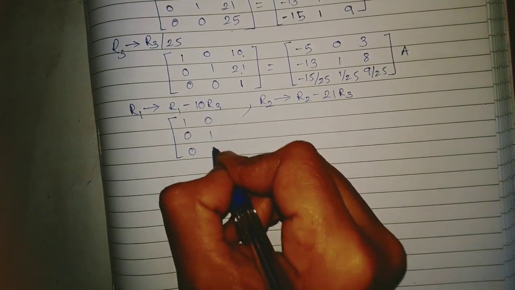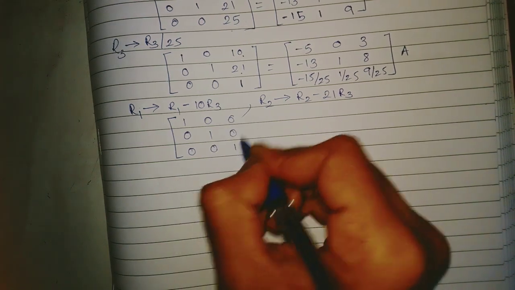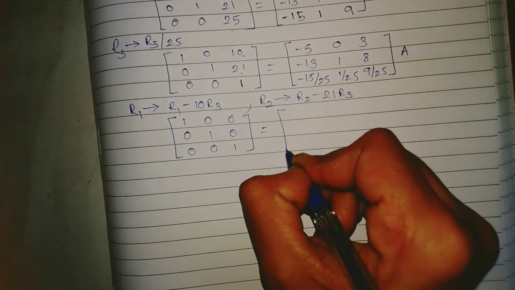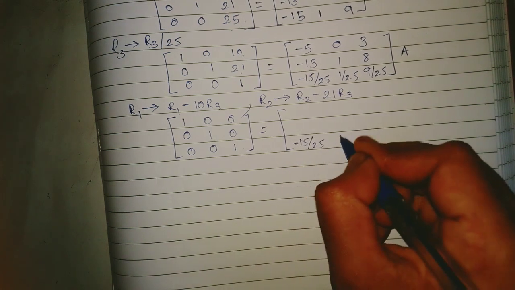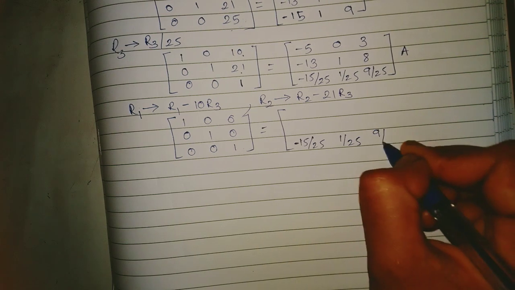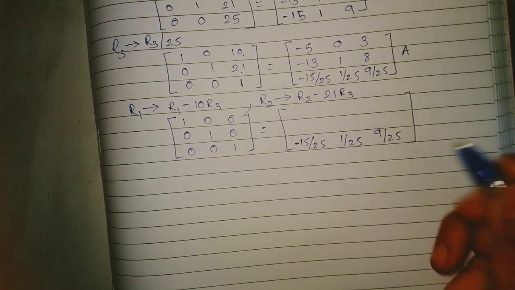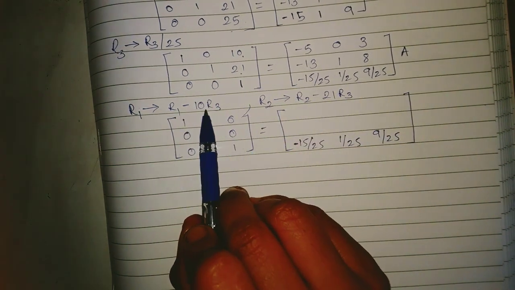Okay, 1. Now your R3 remains same. R1 minus 10 R3.